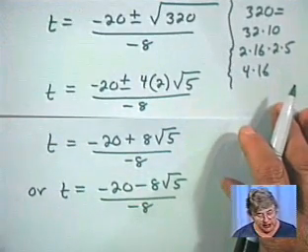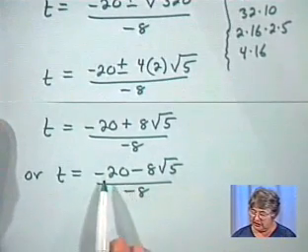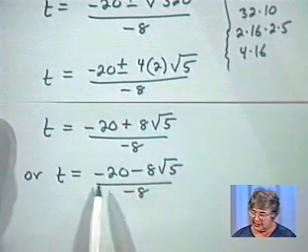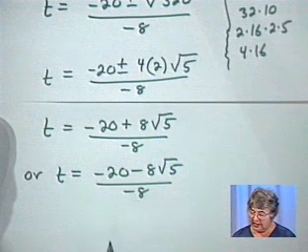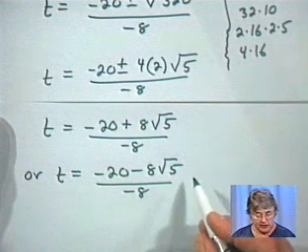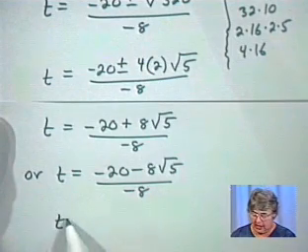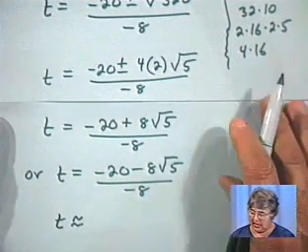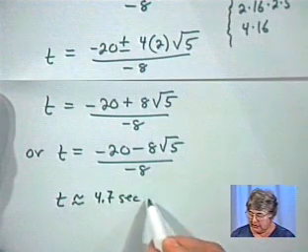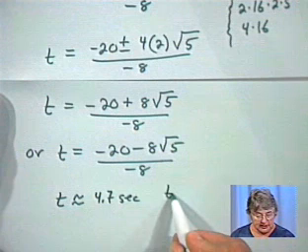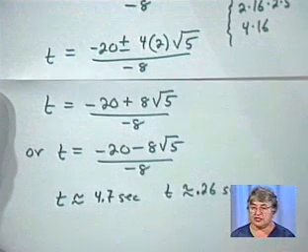Notice that for the t in the second one, we end up with a positive value. And when you figure out these two values for t, you can use your calculator for that, one of them is approximately 4.7 seconds, and the other one is t approximately 0.26 seconds. Those are legitimate answers.